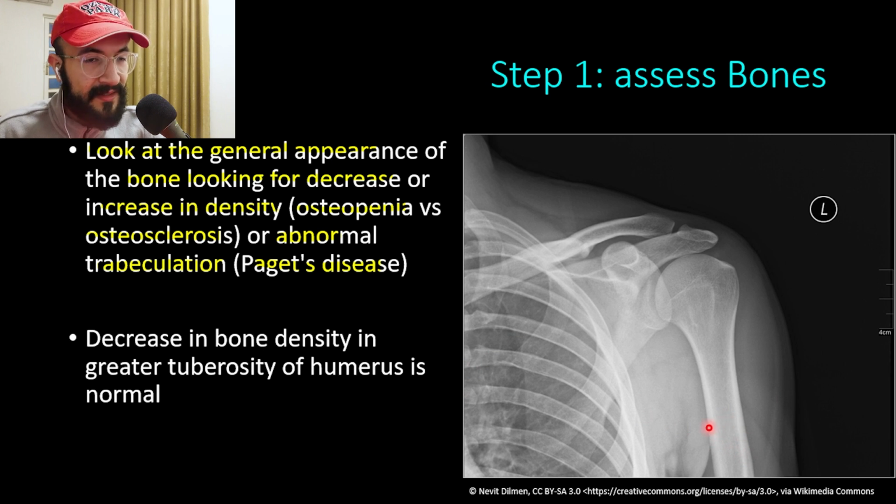So as you can see in this picture here, we make sure that the density of the bone is similar all over the bones. And a decrease in the bone density in the greater tuberosity of the humerus is normal. So as you can see here, the greater tuberosity of the humerus has lesser density than the other parts of the head, and that is normal.